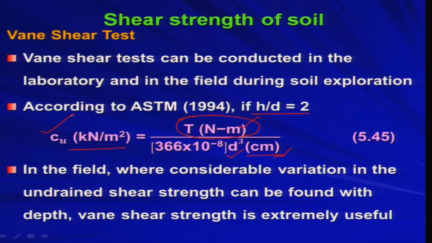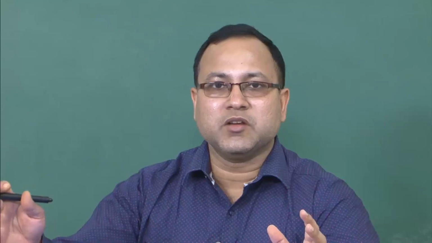In the field where considerable variation in the undrained shear strength can be found with depth, vane shear strength is extremely useful. What does it mean? You have the soil deposit, you do not have any control over that soil deposit.